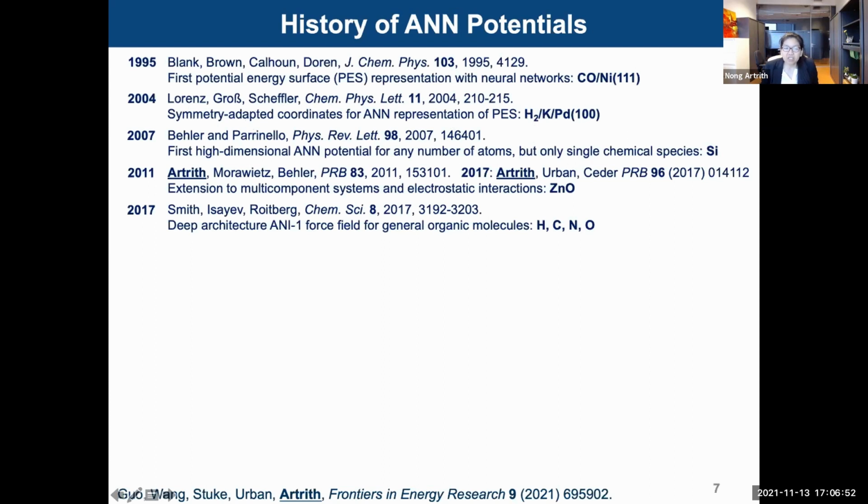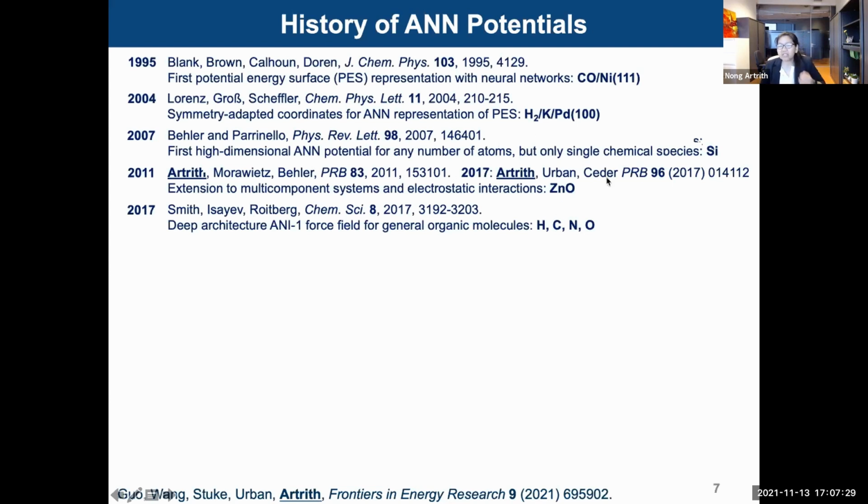But these are really specific to one specific system. In 2007, Behler and Parrinello were the first to apply high-dimensional neural network potentials to describe any number of atoms and many different phases of a single chemical species, silicon. And then once I joined the Behler group, together with Professor Behler, we extended the method to multi-component systems, also including electrostatic interactions, and we described zinc oxide.